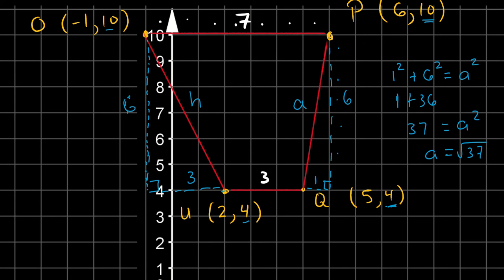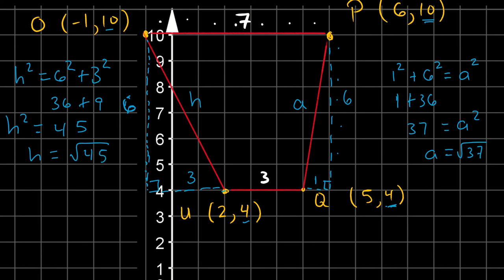That's just the height of this thing, right? 6 units. But the length of the side H, from O to U, H squared is going to equal 6 squared plus 3 squared. So we're looking at 36 plus 9, which I believe is 45. So then H is the principal root of 45.